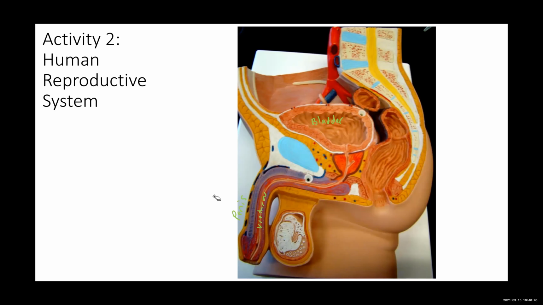Can't really see that label, so I'll do my line. We're looking at a urinary and reproductive system that is combined. Here we have the rectum, okay? And right here at the tip of the penis, we have the external urethral opening.